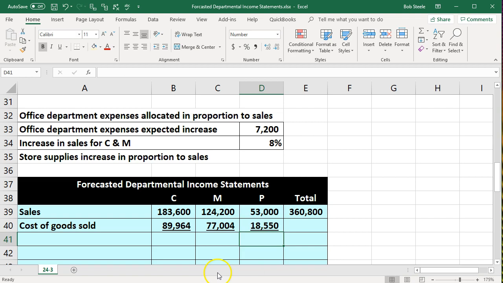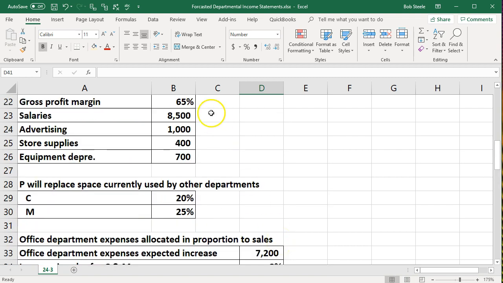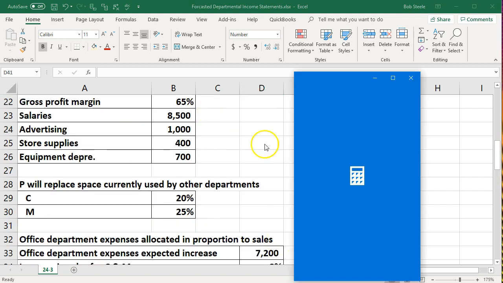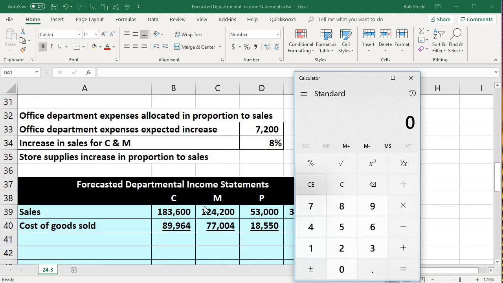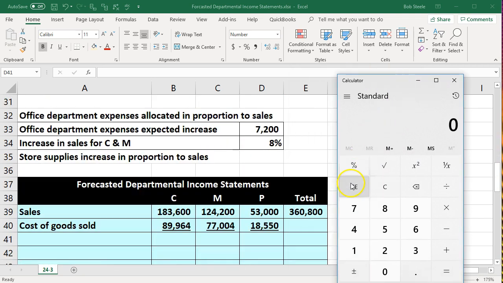So there we have it. And you can think about that. Obviously, the gross profit is 65% of sales. So if we had the 53,000 times 0.65, that's going to be the 34,450.